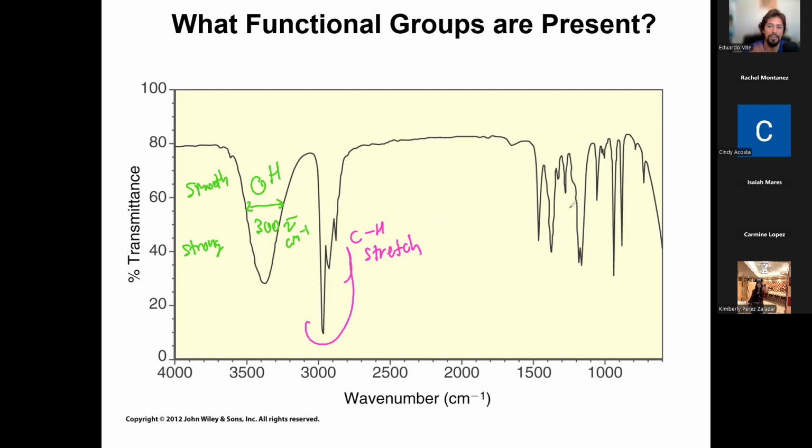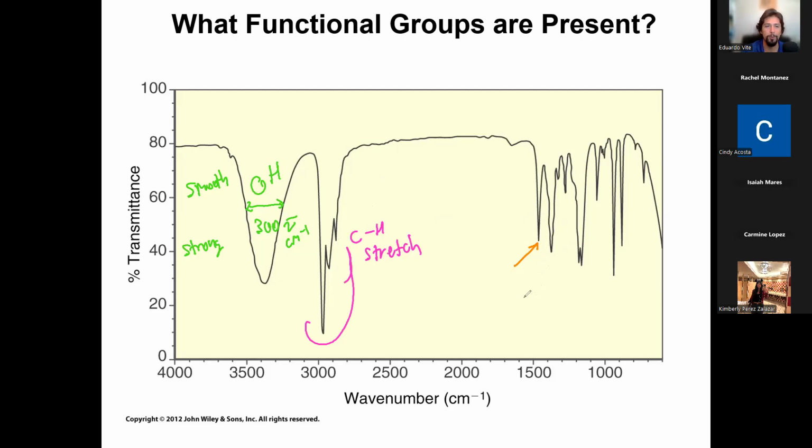What else? Do we see anything else significant? Anything we might be able to say that looks suspicious, that looks like a signal? What about this here?